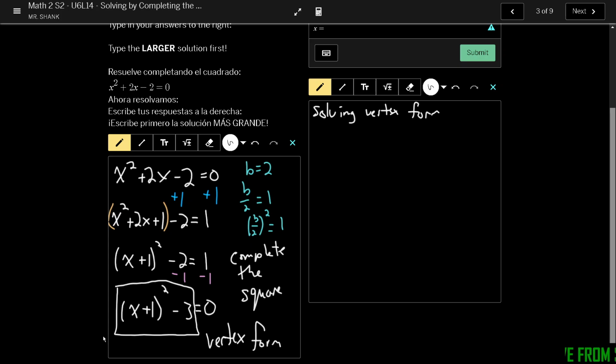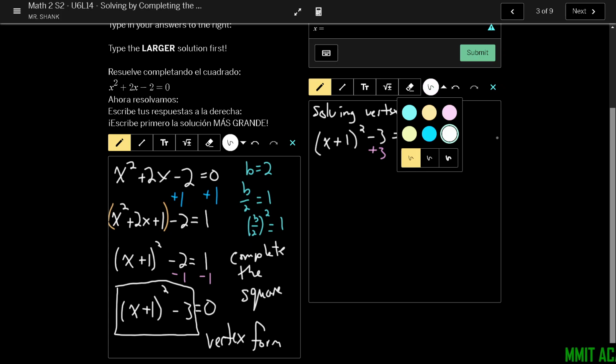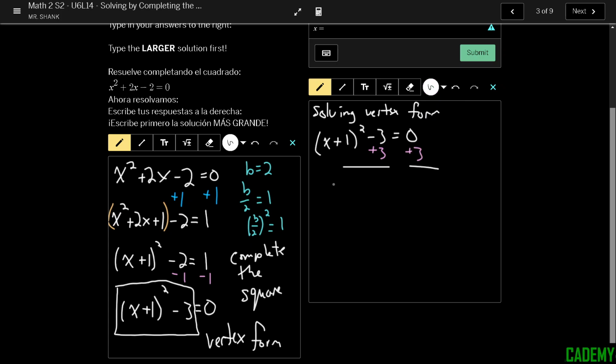So when I take that exact equation that I have down here, I have x plus 1 squared minus 3 still equal to 0. And so what I have to do is use some inverse operations to get x by itself. So for this one, I'm going to add 3 to both sides, plus 3, plus 3. And so I say x plus 1 squared equals 3.